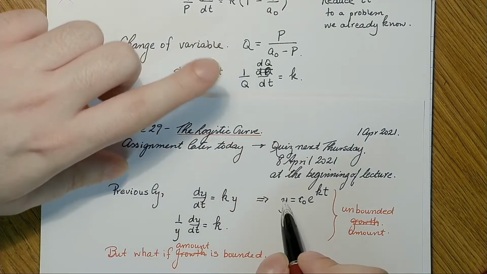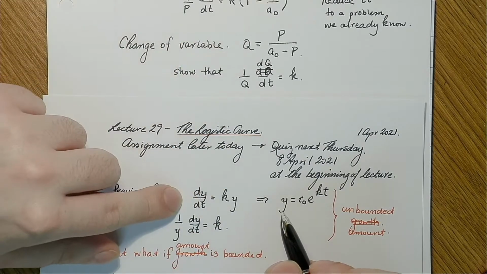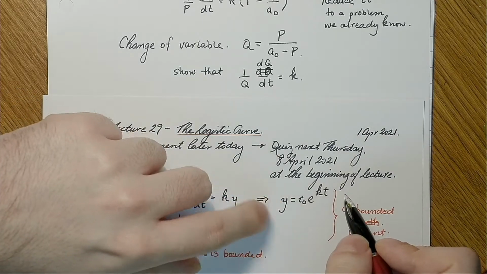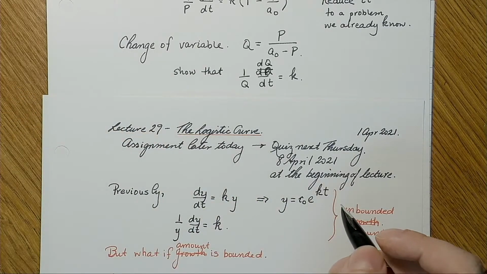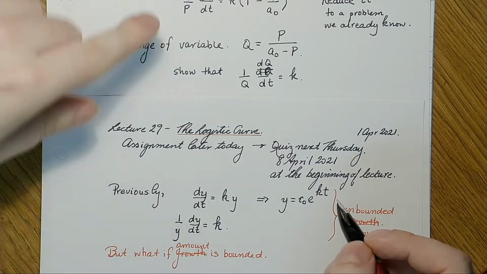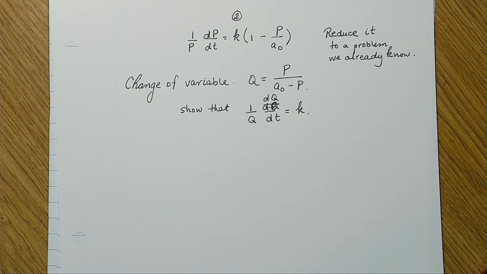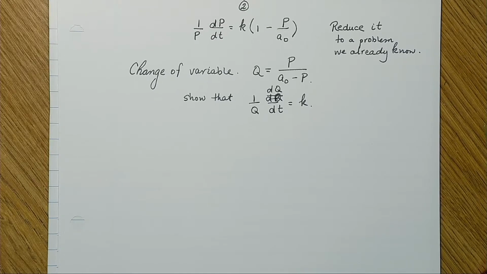So if I can show this, that means it's the same kind of form, and then I have an equation that's going to look like that. We're going to try to reduce this problem back to a problem that we've already resolved. So that's the plan.